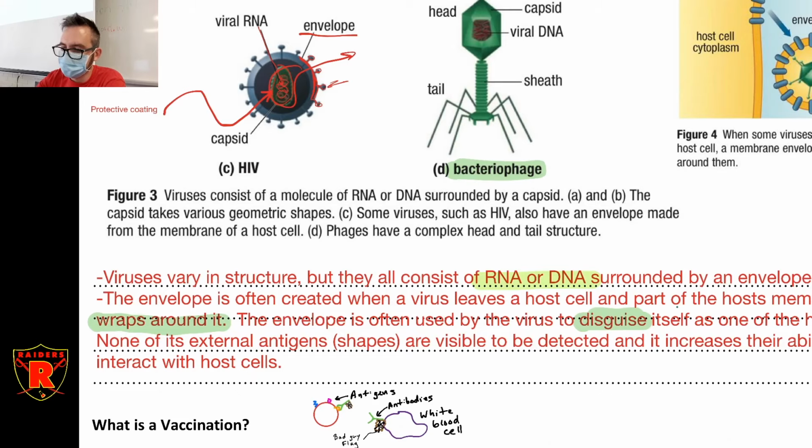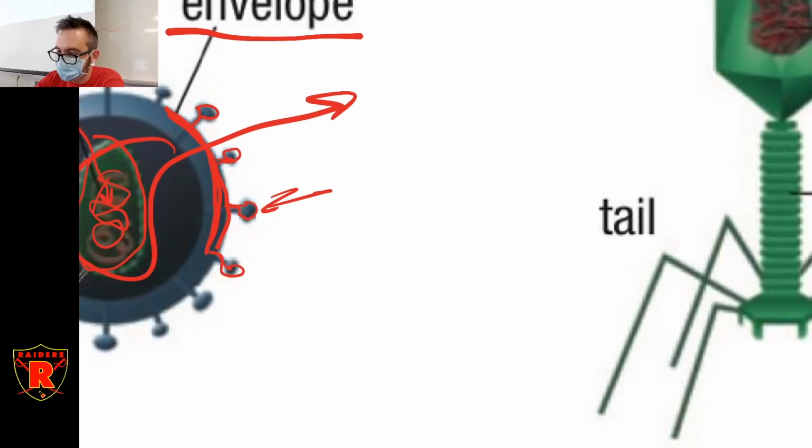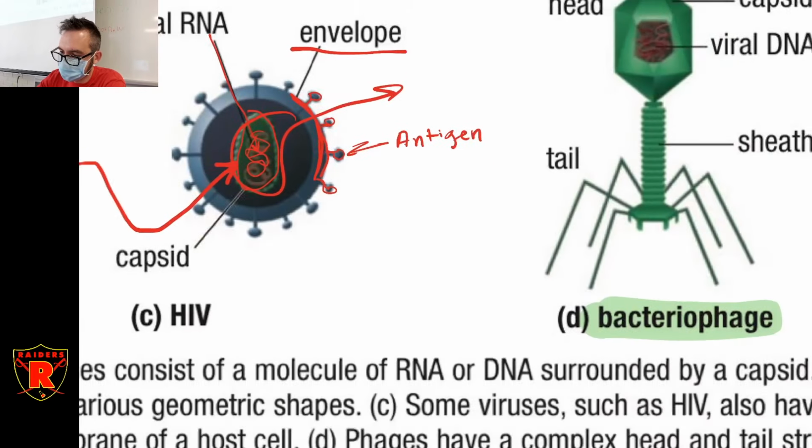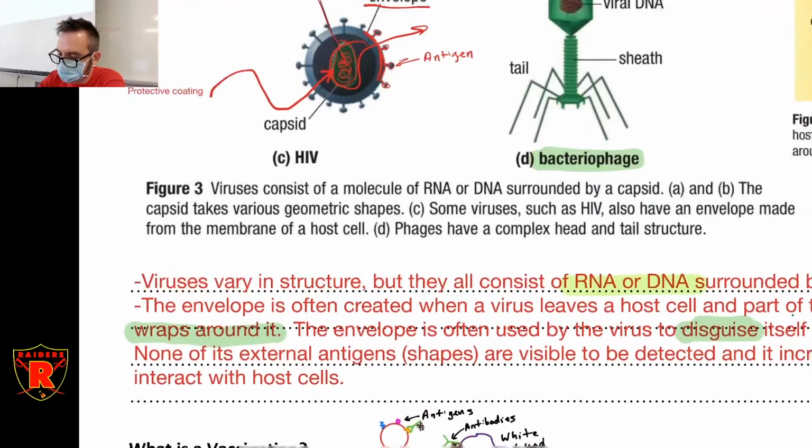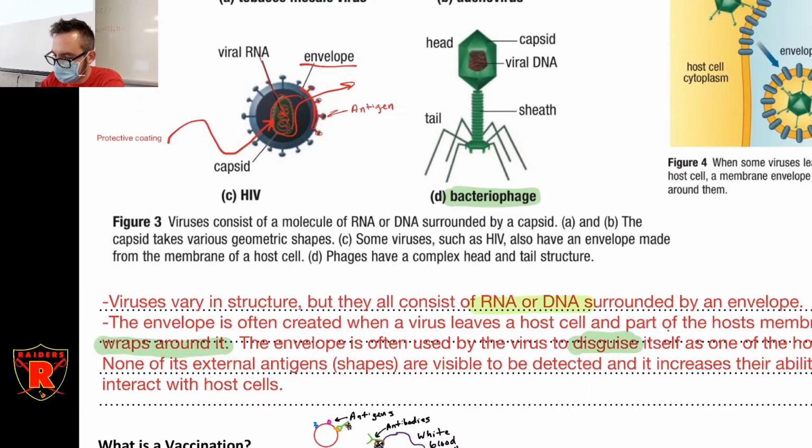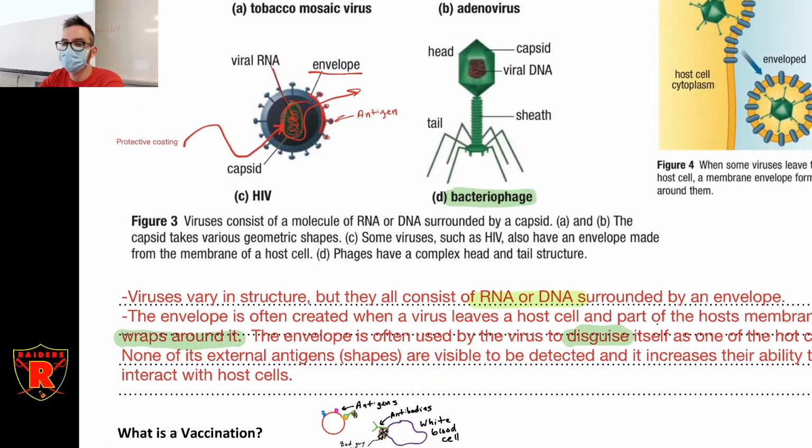Those shapes that are on the outside of the virus, these guys right here, I'll go back down in a second. These are called antigens. An antigen is just a shape.